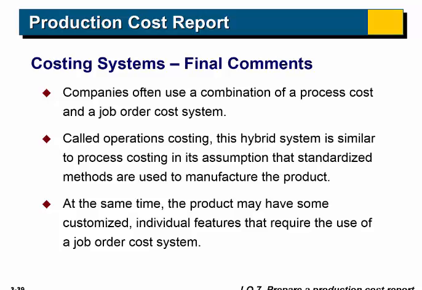It is utilizing the fact that there is a standardized production method in order to manufacture items, but at the same time, the products may have some type of customized or individual features that require the use of a job order cost system. So let me give you an example.